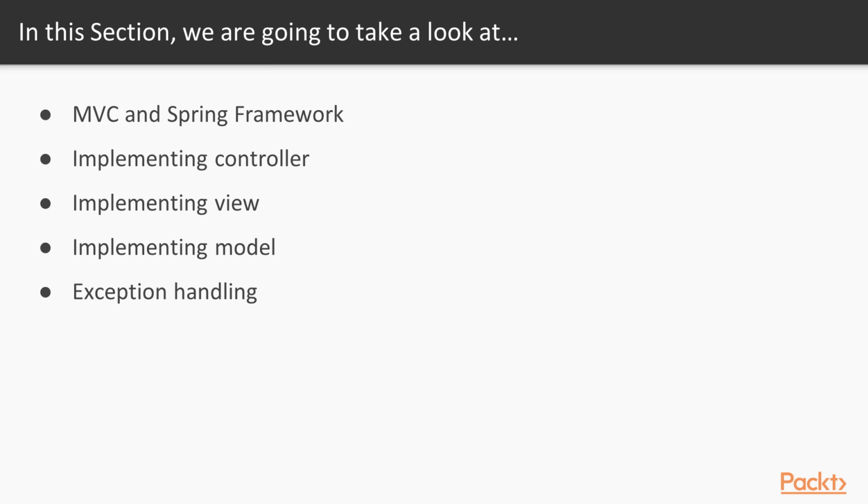In this section, we're going to learn MVC and how it is implemented in Spring Framework. We also take a look at implementation of the controller as part of the MVC pattern, the view, and how to pass data as a model to the view so that it will be rendered to the end user.